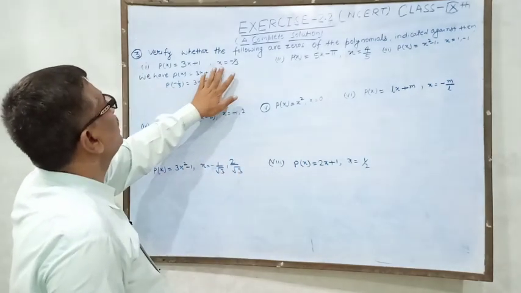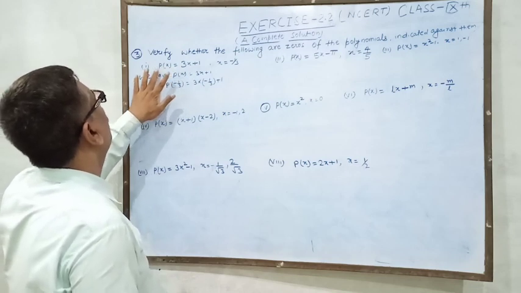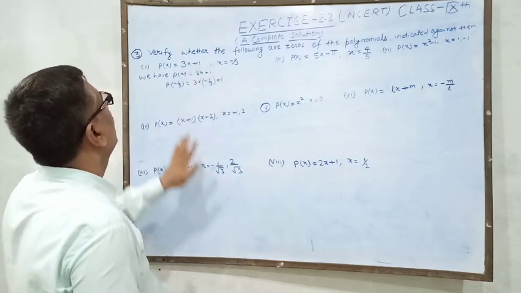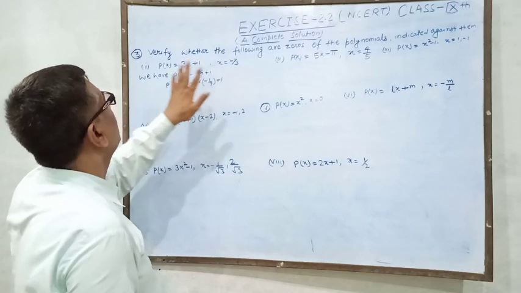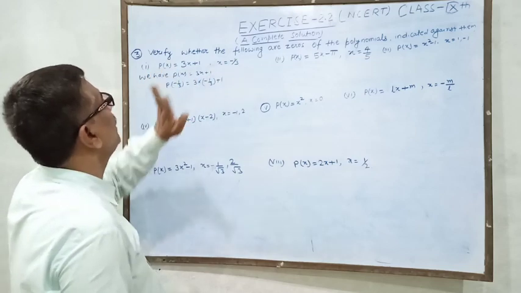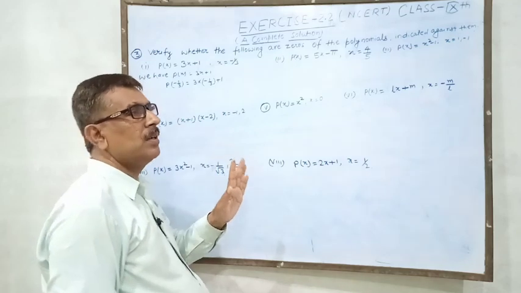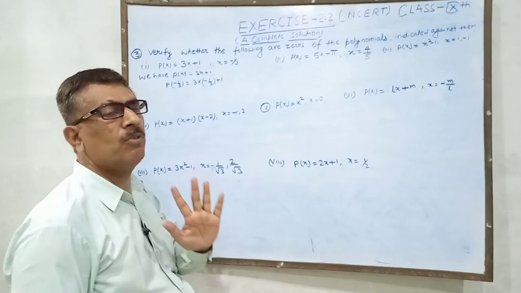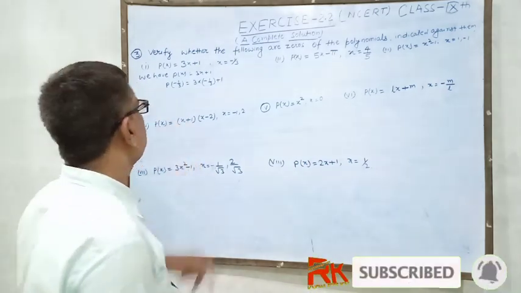If we put this value in place of x and the value of p(−1/3) comes to 0, it means x equal to −1/3 is a zero of p(x), because you have learned before this exercise about the zero of a polynomial. What is the zero of the polynomial? I discussed it.